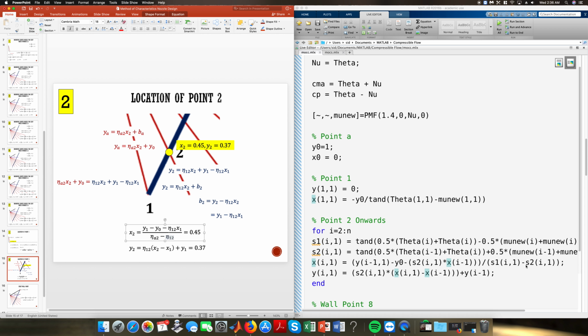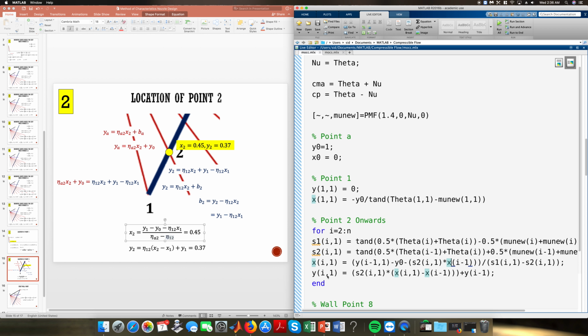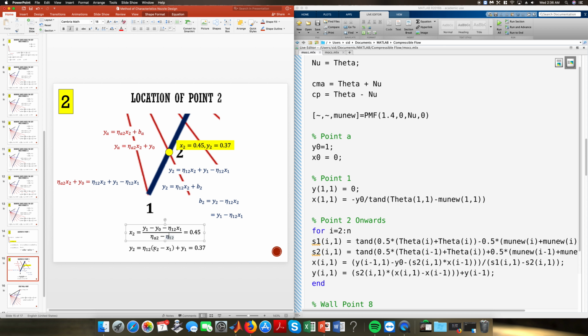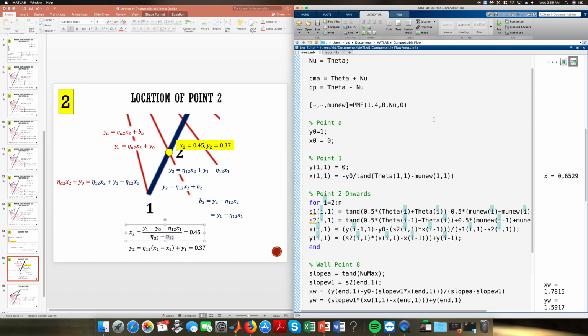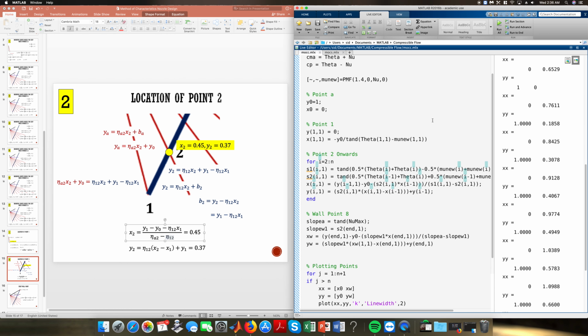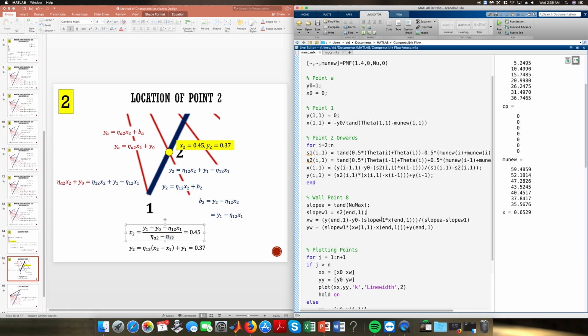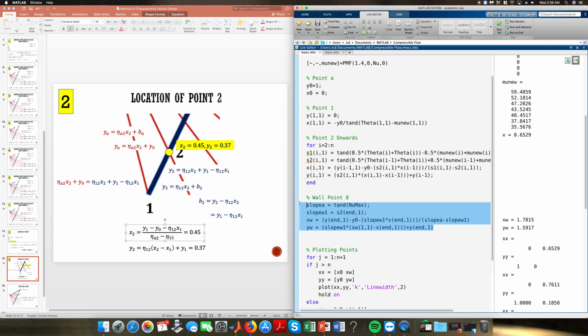And yi equals basically s2 times x2, which is xi, minus x minus 1 plus yi minus 1. Again, this value and this value are the same. So when you do that, you will get the x and y locations of each and every single point, right? And the same way, you can find the wall slope, just like we talked about earlier.